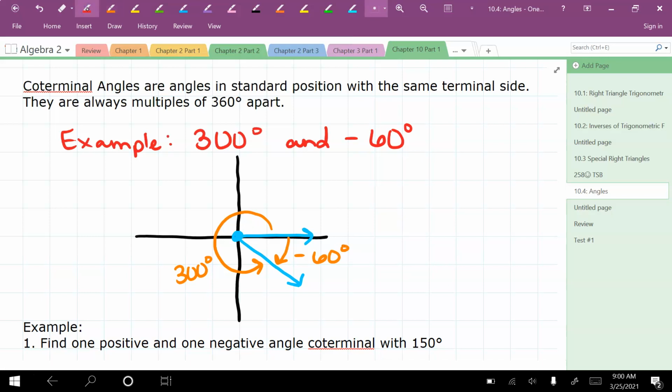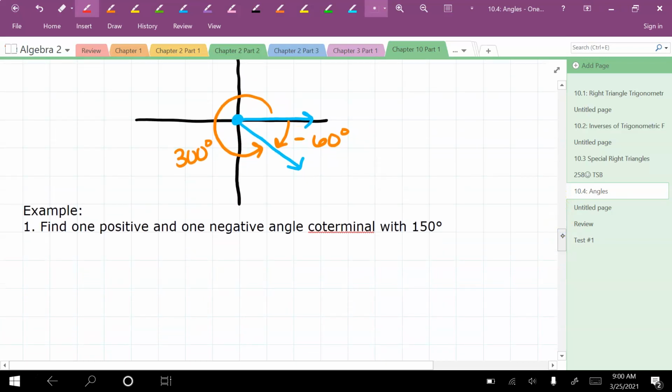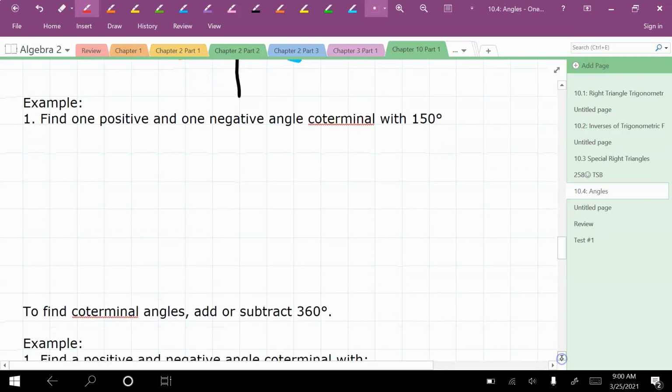So in order for us to find coterminal angles, not necessarily graphing them, but just if you're given a measurement and you want to find a coterminal angle, you have to go either more than 360 or less than 360. So if I'm given 150 degrees, the rule is to add and subtract 360 degrees from that angle to get me on both sides of it.